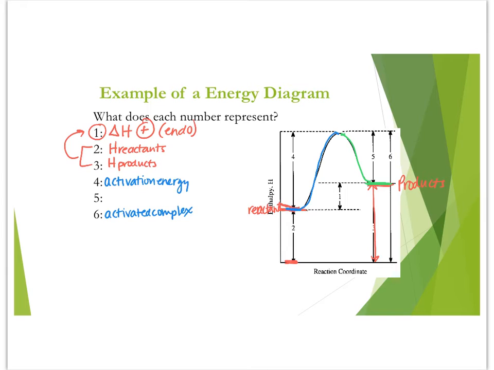Some reactions can travel in opposite directions, so we can go from left to right, and we can go from right to left. So number 5 is a hill that I have to climb, but it's starting backwards. So this is a different activation energy. This is the activation energy of the reverse reaction. So I can climb back over the hill the other way. Now this is a shorter hill that I have to climb than the forward activation energy, but it's still an activation energy.